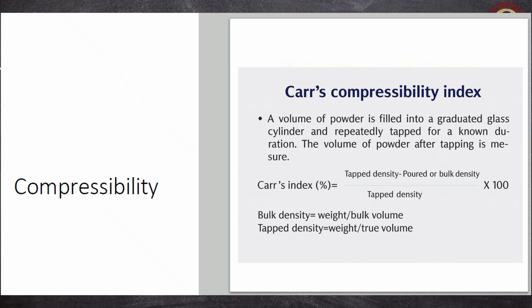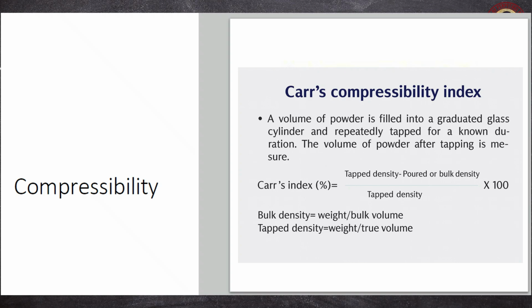A low Carr's index, around 5 to 15%, means the powder flows easily and packs uniformly. But a high Carr's index, say above 25%, indicates poor flow and high cohesiveness. In pharmaceutical manufacturing, this helps us predict whether a powder will flow smoothly into dies and capsules, or if it will cause weight variation, clogging, or uneven tablet compression.